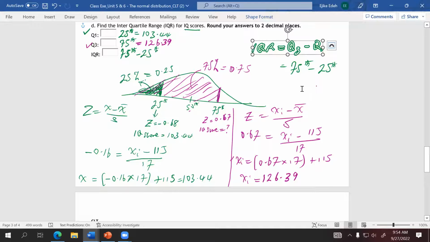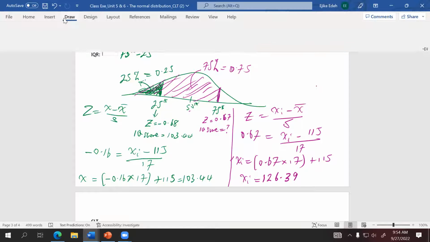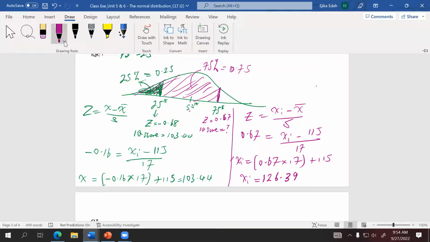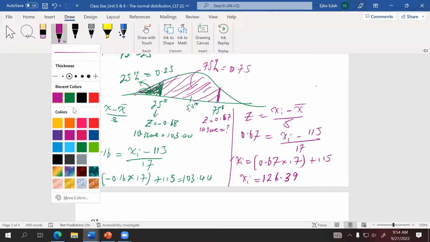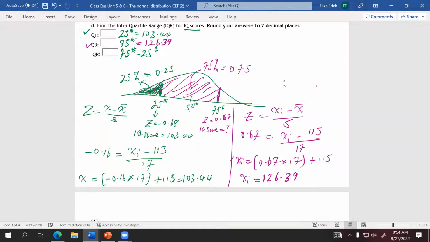We have that formula over here, so let me rewrite it again. Let me use a different color too. On the green side, where did you get 0.16 times 17 from? Because when you do the math, it doesn't equal 1.